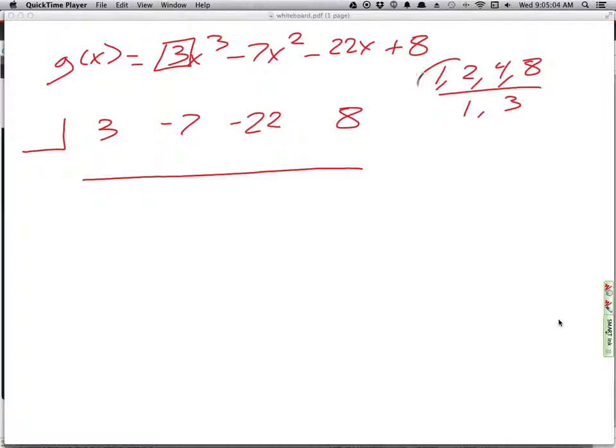These top four, those are still possibilities. And remember, it can be plus or minus. When I divide by this, that means I now have the possibility of 1/3, 2/3, 4/3, and 8/3 as zeros. However, those can be plus or minus as well.